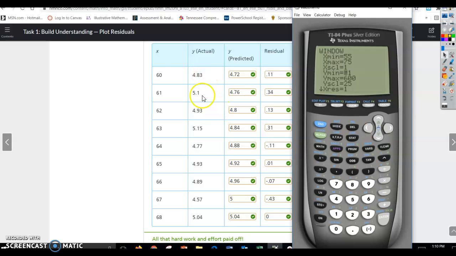Okay, my y's go from 4.5, so let's go from 4 up to 6. Let's see if it'll let us do a scale of 0.25. Enter. All right, so it did let us do that. And this is my cluster of points here.